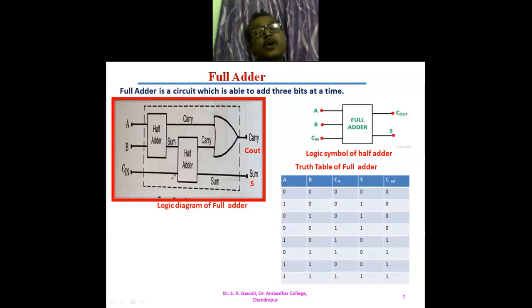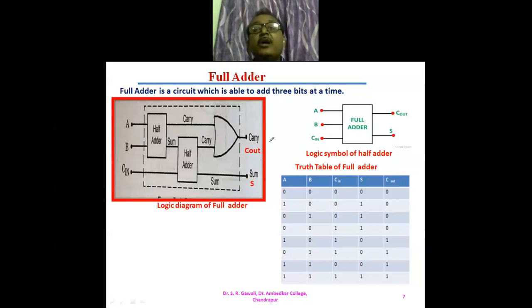The output of the second half adder is the carry and the sum. This sum is the final sum, and both these carries, the carry of the first half adder and the carry of the second half adder, are added together with the help of the OR gate, and at the output of the OR gate we get the final carry.